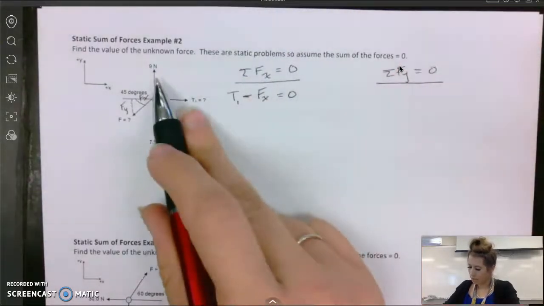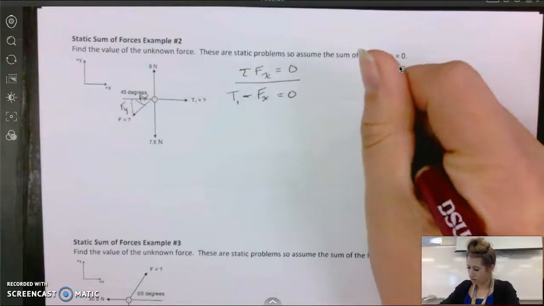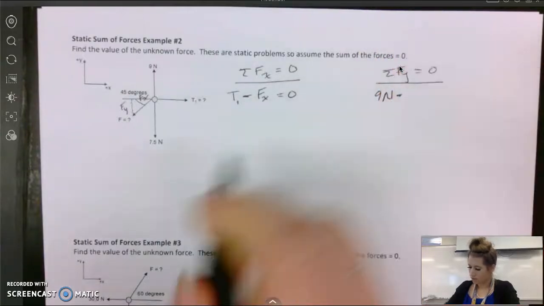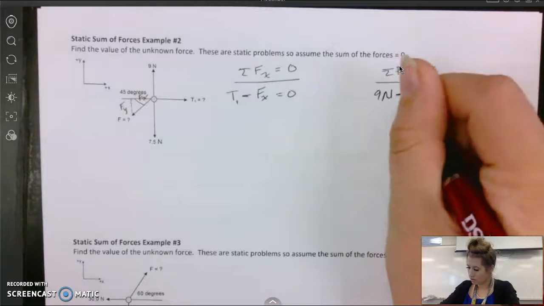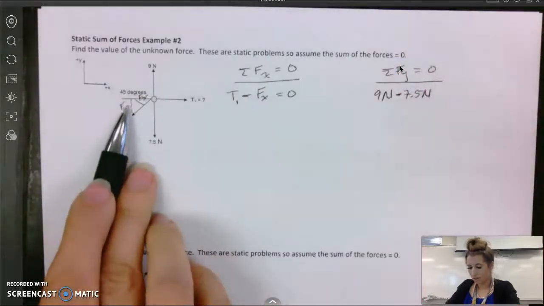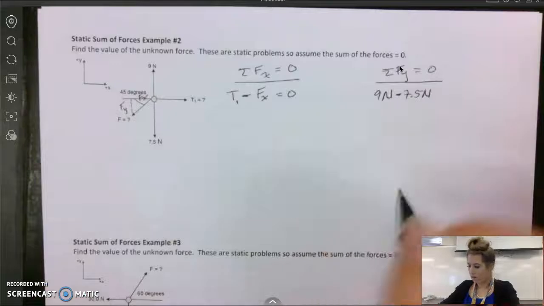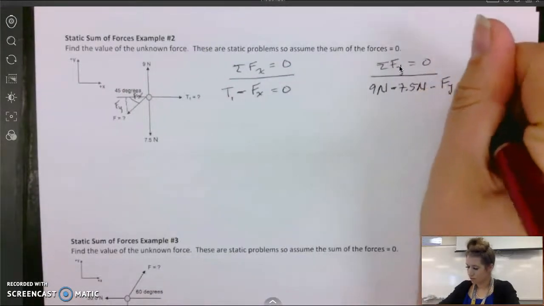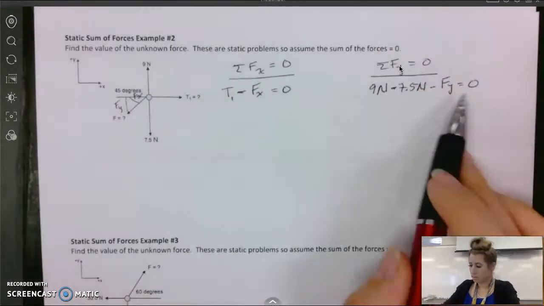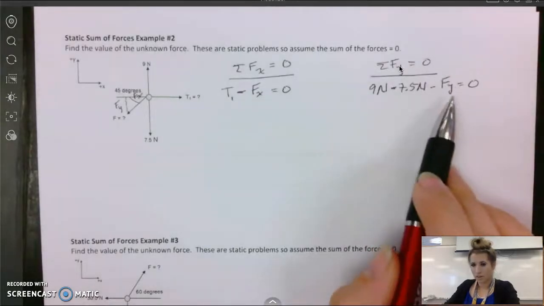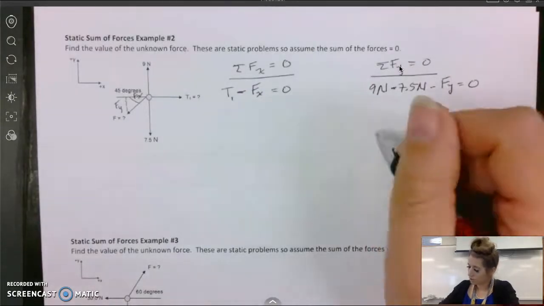In the y, I have a positive 9 newtons. Okay. And I have a negative 7.5 newtons. Then I also have a negative force of y. That's going to equal 0. Now this is nice because this is my only unknown. So that means that I can solve for the force in the y direction.